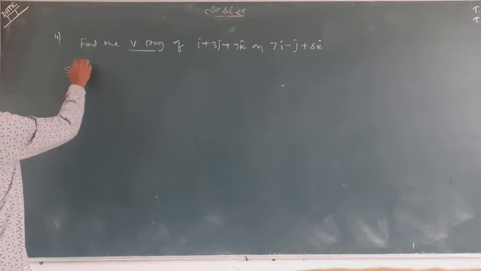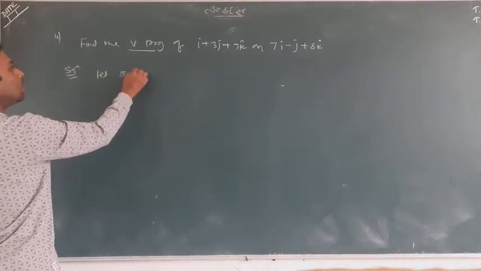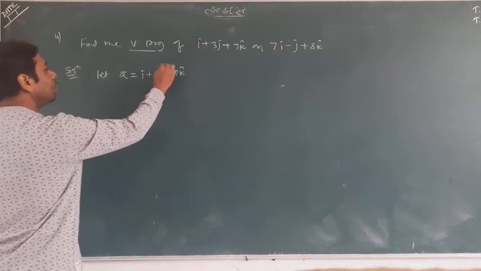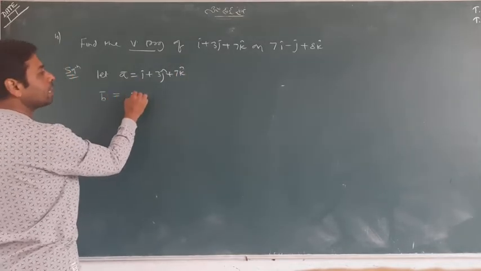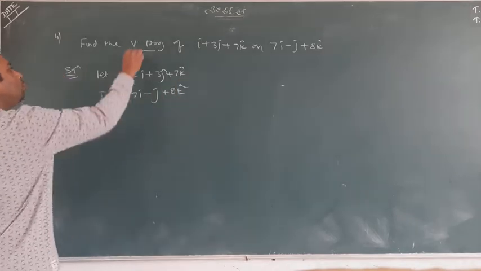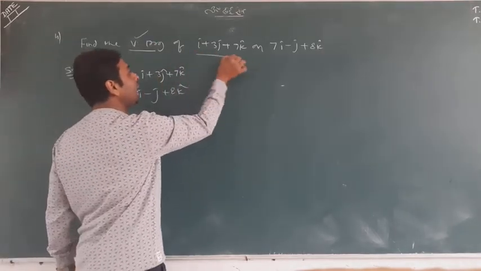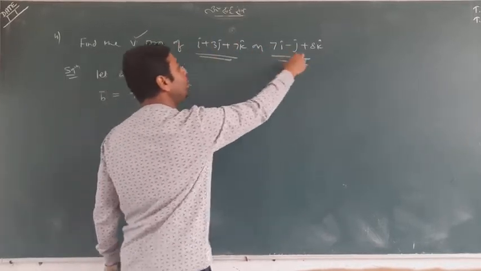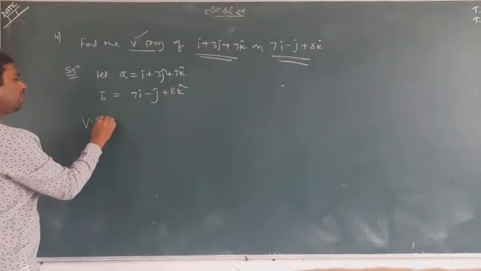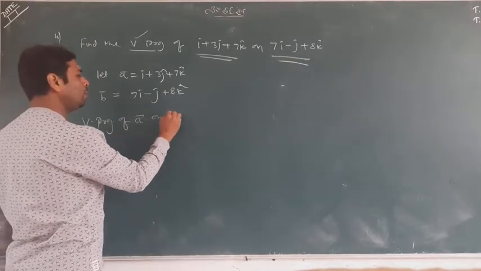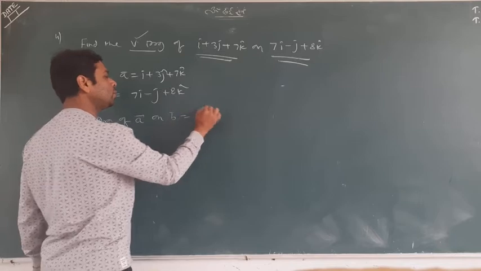First of all, let A be the first vector i, 3j and 7k, and B be the second vector 7i minus j plus 8k. So you should know what the vector projection of A on B is. Vector projection of A on B is given by, what is the formula?